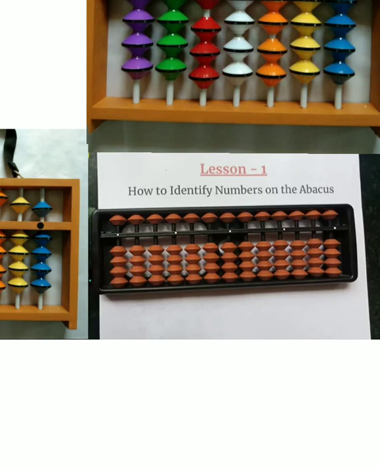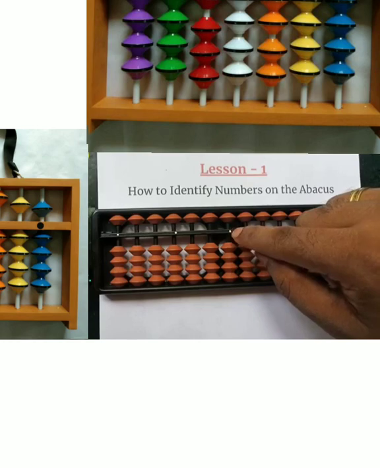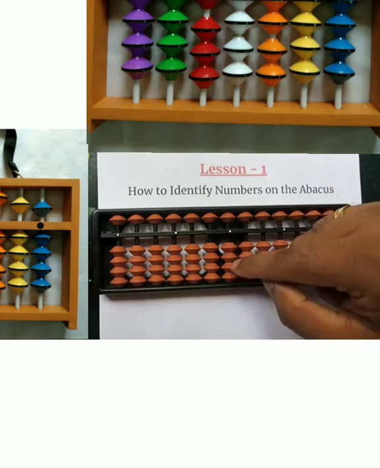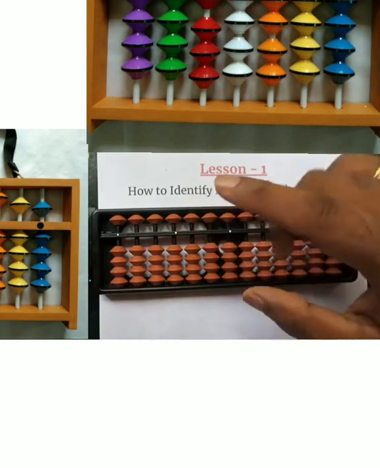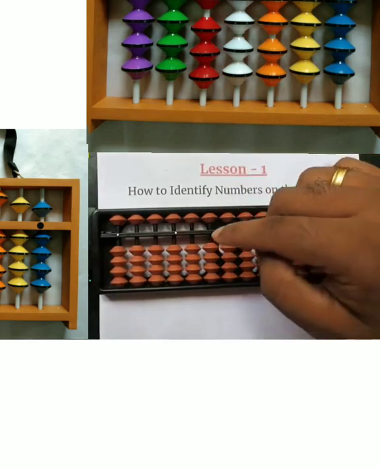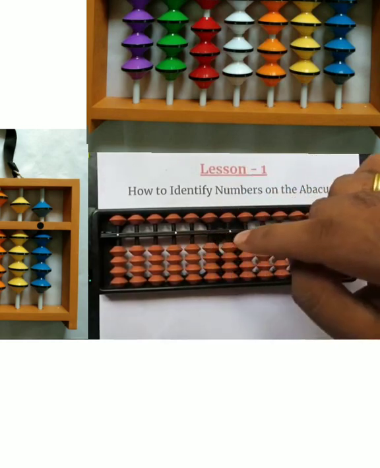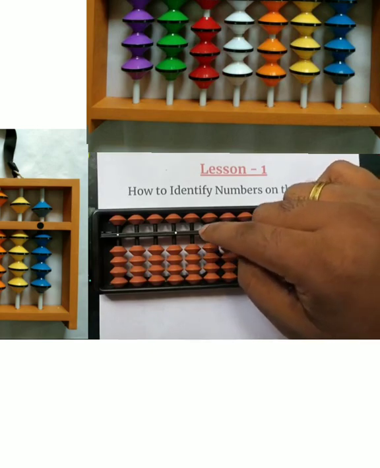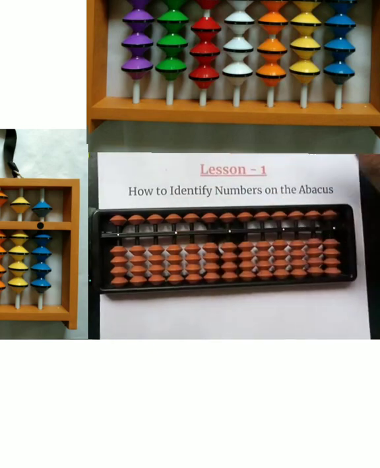So whenever we need to represent a 3-digit or a 4-digit or larger number, we make use of that many rods on the abacus according to their place value. And remember, this middle white dot will be our units place rod. So everything else will be according to that. So tens place, hundreds place, thousands place will be placed on the immediate left of each other. Okay, units place, then tens place, hundreds place, thousands place, and so on.